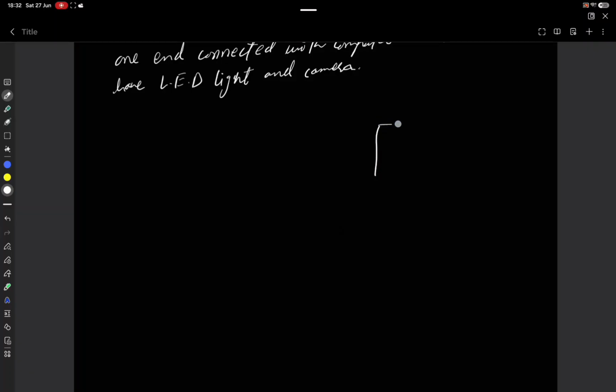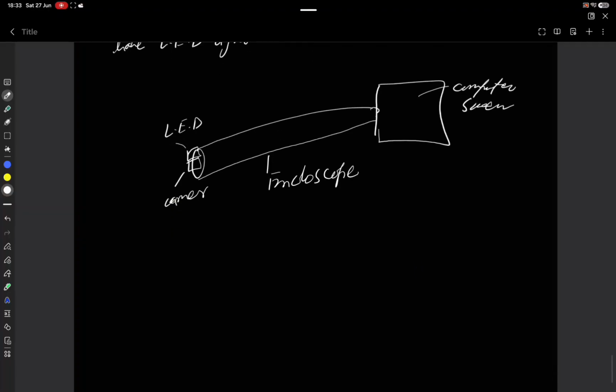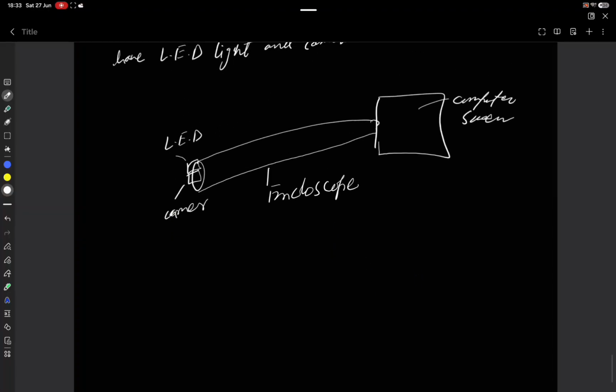So what we have in the endoscope, we have this computer, the computer screen, the endoscope, the LED light, and we have the camera. So through the mouth we insert it into the body and see the walls.